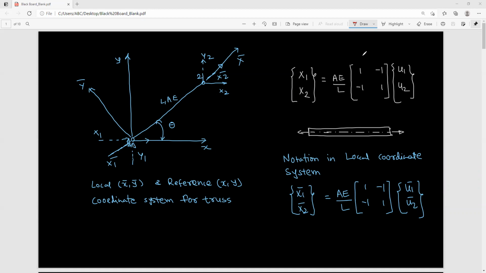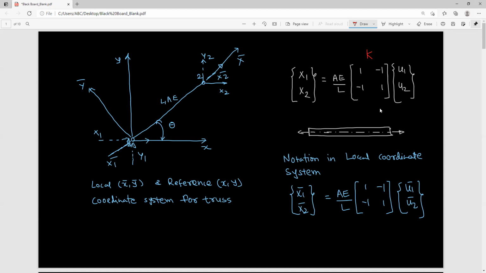In our previous class for the axially loaded members, you can see here, for the axially loaded bar, the stiffness matrix, which is called the bar in the local coordinate system, lies within the axis of the member, where we obtained the force and deformation relation with the stiffness matrix K. But this K stiffness matrix is in the local coordinate system.